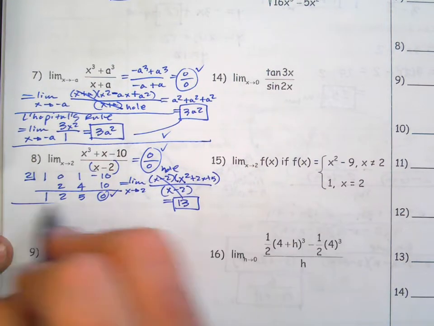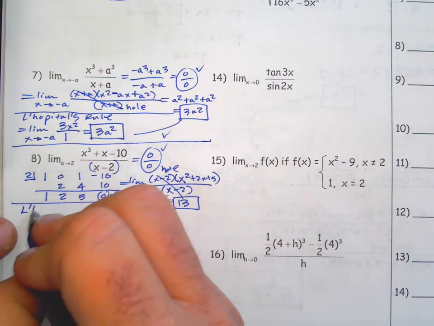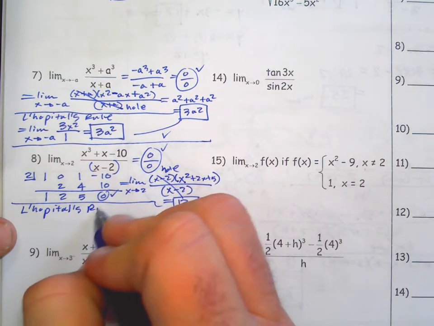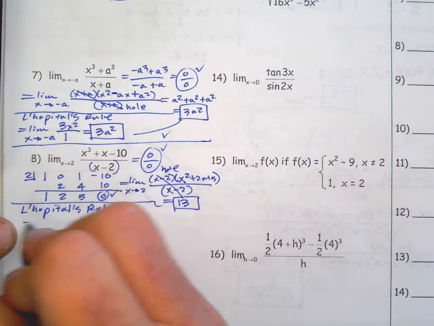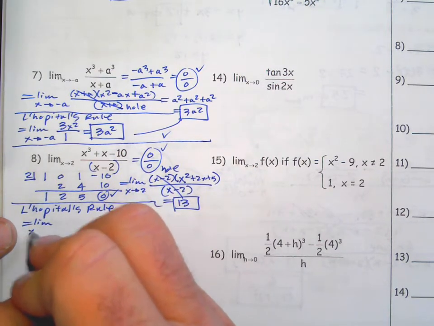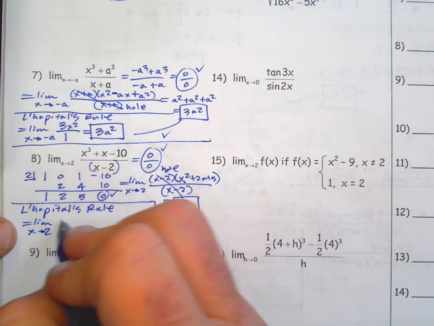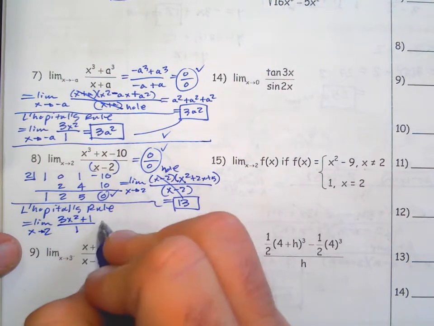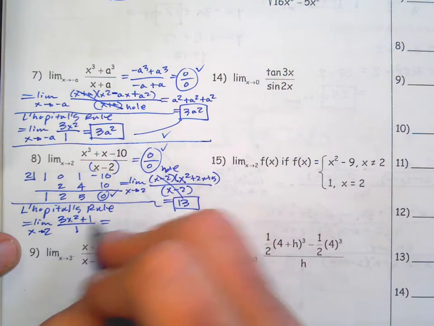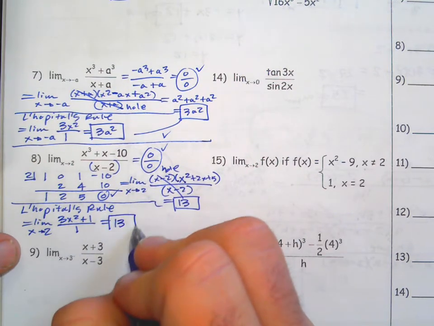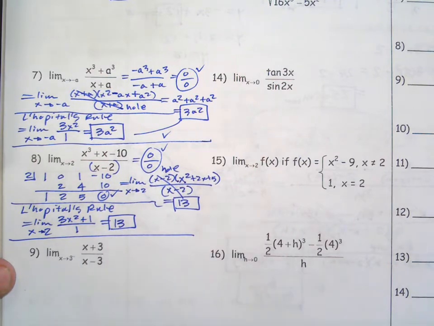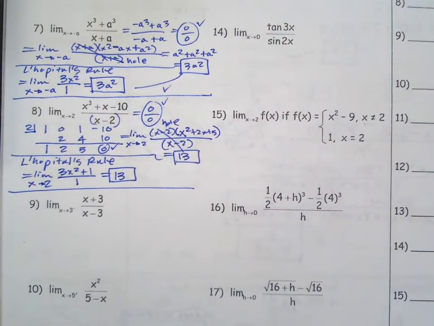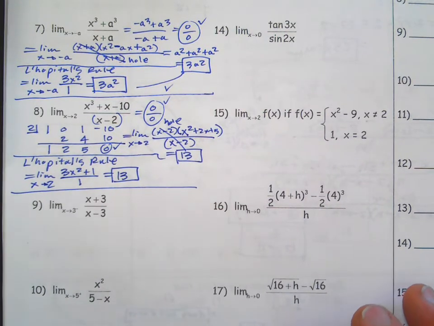Now, we're also going to do it with L'Hopital's rule. So it's going to equal the limit as x approaches 2 of the derivative of the top, 3x squared plus 1, over the derivative of the bottom, 1. So that's going to be 13. Same answer. That was kind of easy. That was kind of nice. After this chapter, I'm going to let you do it however you want, but I'm going to make sure you know how to do it both ways this chapter.